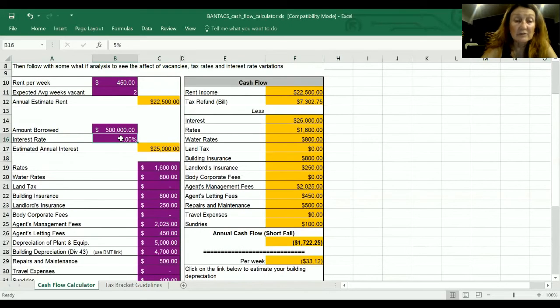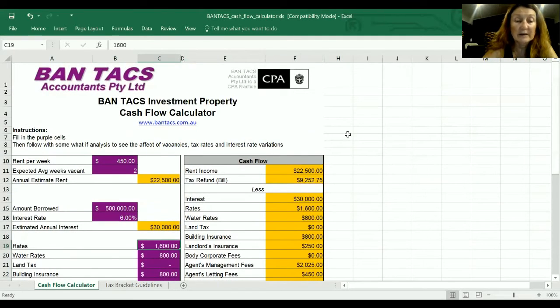Say, for example, interest rates went up to 6%. It's then going to cost you 3 times as much a week to hold. But you would expect if interest rates go up, it's because we've already had inflation, so the Reserve Bank is trying to contain inflation. And remembering they usually only move about 0.25% each time, so it might take a year for interest rates to go up 1%.